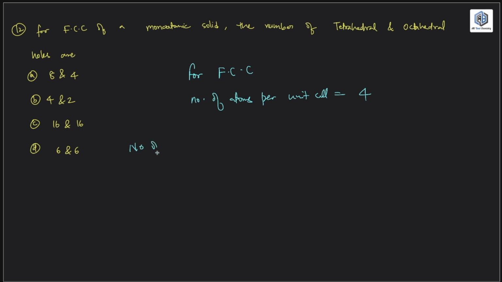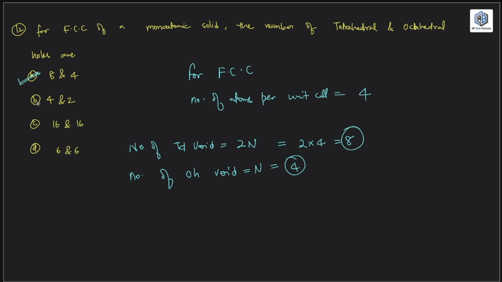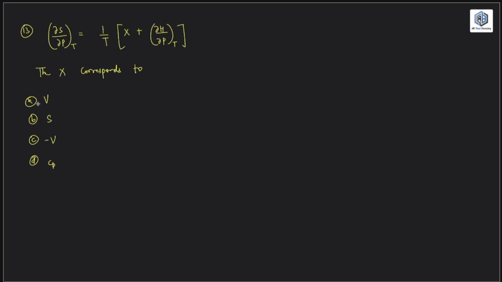Number of tetrahedral voids is equal to 2n, which is 2 into 4. This will be 8, and number of octahedral voids is equal to n, which is 4. So the answer is 8 and 4. Very simple, very straightforward answer. I think this was the easiest question of the whole question paper.